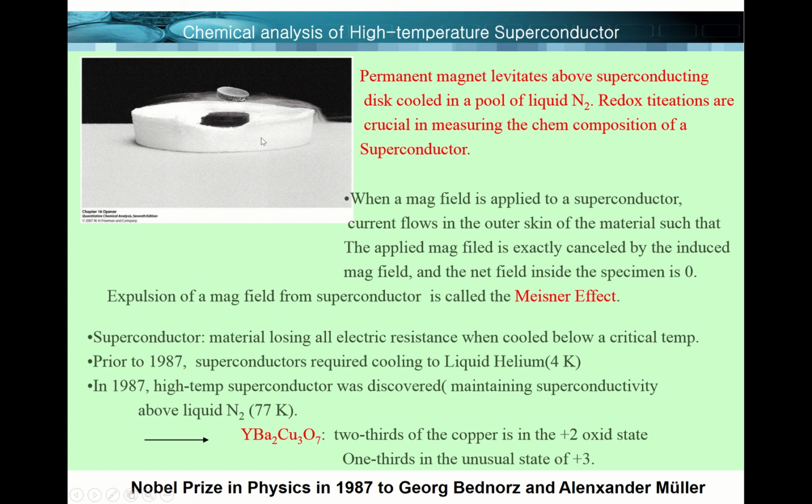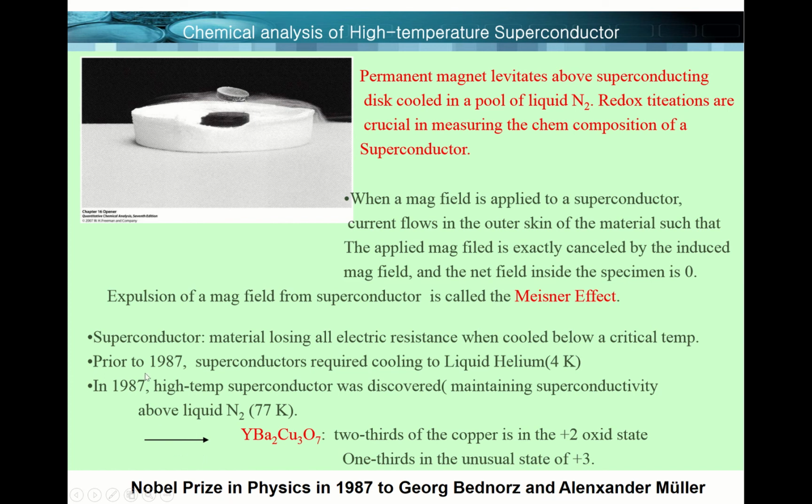So people hoped that using this phenomenon, they can make a very fast train, for example, by removing the friction between rail and train wheel, but it has not been realized yet.